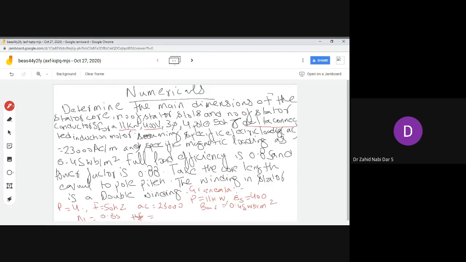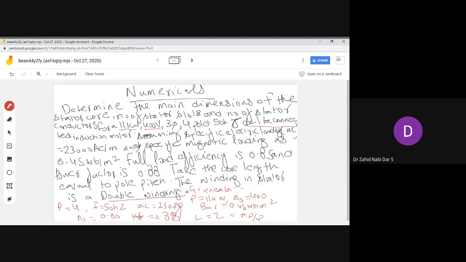Power factor is 0.88. Also, L is equal to tau, so the length is equal to the pole pitch. Tau, the pole pitch, is the circumference, tau is pi D by P, which we have seen in the DC machine also. Moreover, this is a double layer winding.